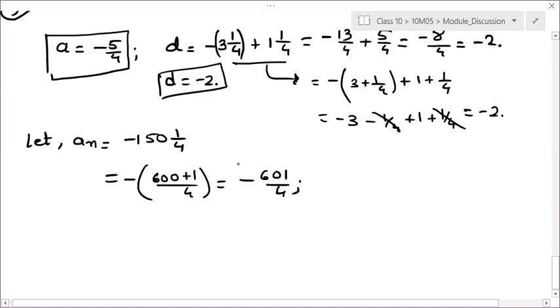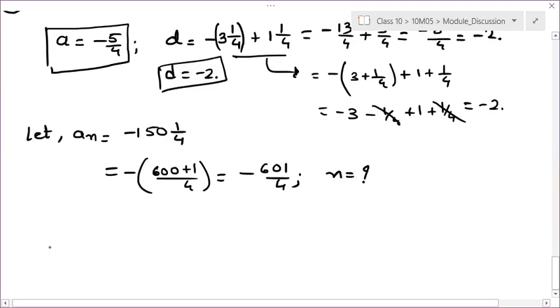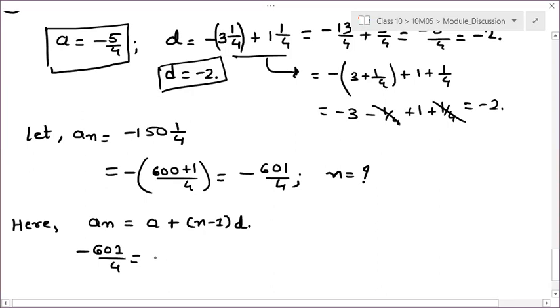Right. Now let us try to find n. By taking this as an, can I find n? Let us try to find this out. So here an is equal to a plus n minus 1 into d. So minus 601 by 4 is equal to a, and a is minus 5 by 4, plus n minus 1.